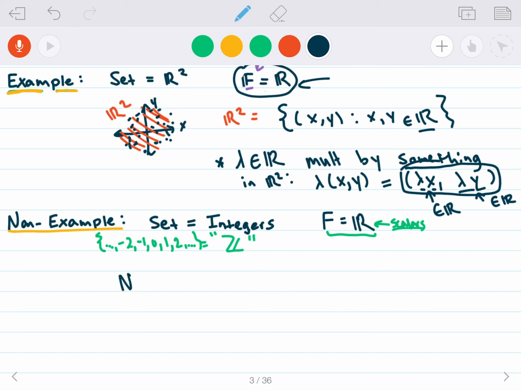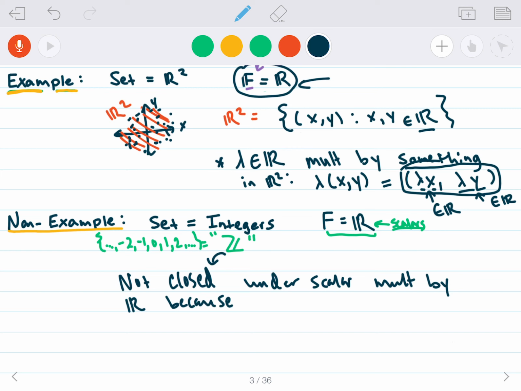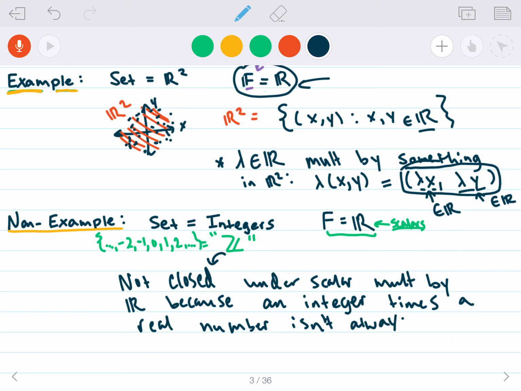So the integers are not closed under scalar multiplication by the reals, because an integer times a real number isn't always an integer. We'll get kicked out of the set in some cases.